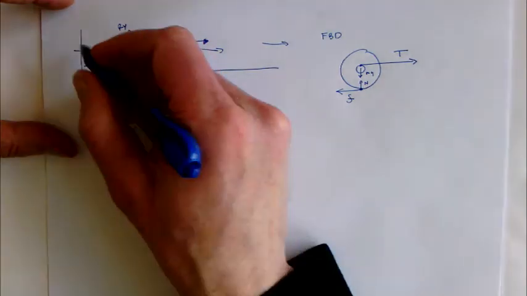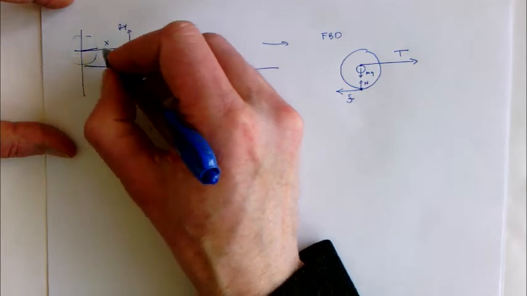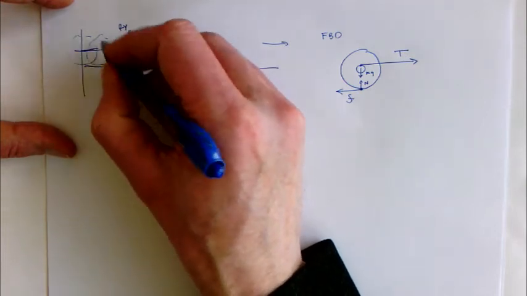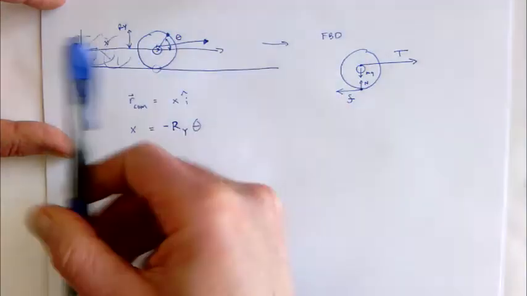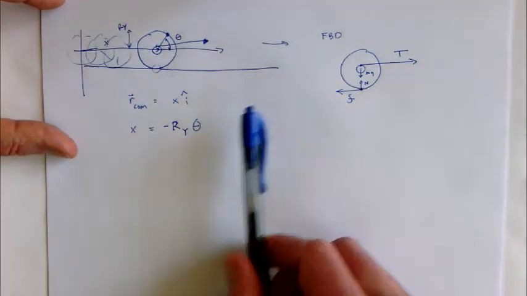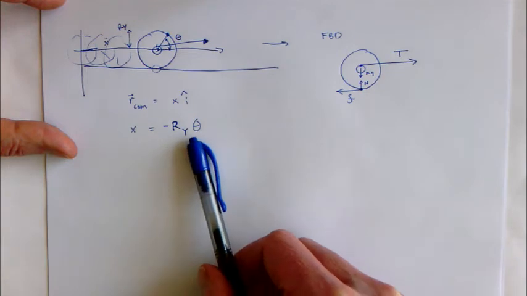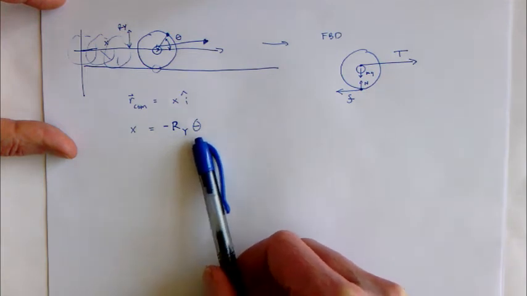And why is there a negative sign? Well, if you imagine the yo-yo here with zero angle, as it rolls forward, the angle is going to become more and more negative, right? So moving in the positive x direction implies a negative change in the angle.